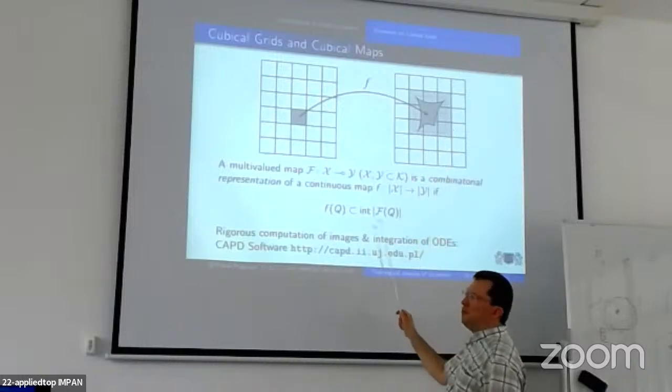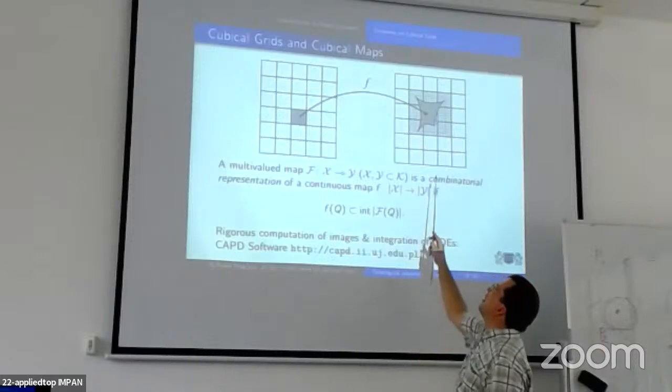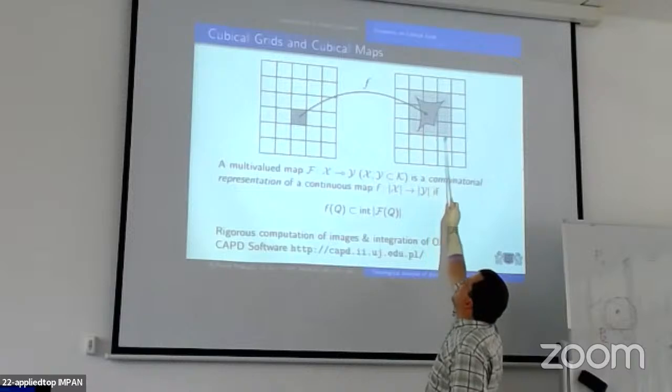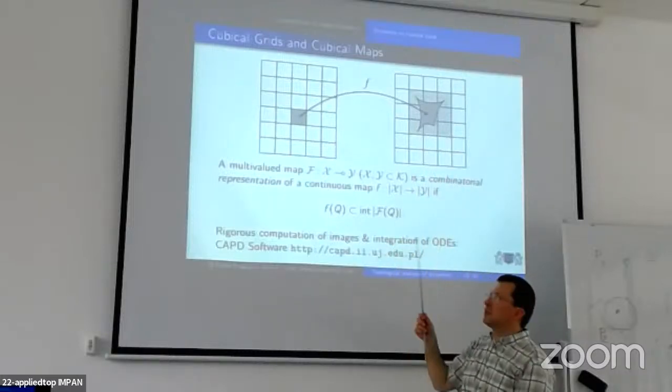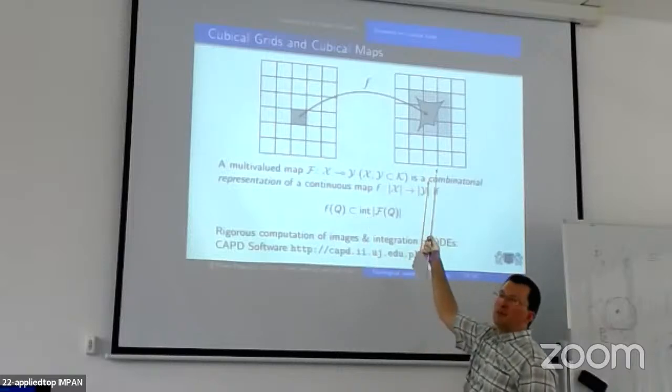By adding this interior condition, we get a lot from the mathematical point of view, but the cost is like nothing. It's a lower-dimensional situation that the computed image will be precisely aligned with this grid. In that case, we would have to add an extra layer of boxes if we demand the interior here. But it actually never happens.